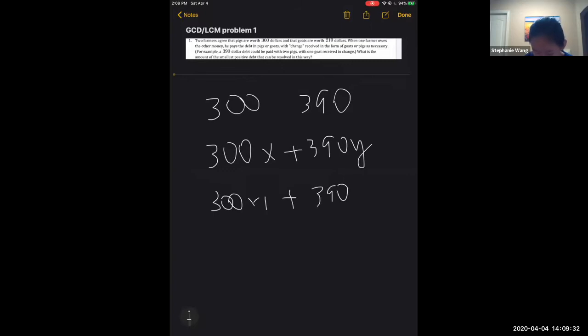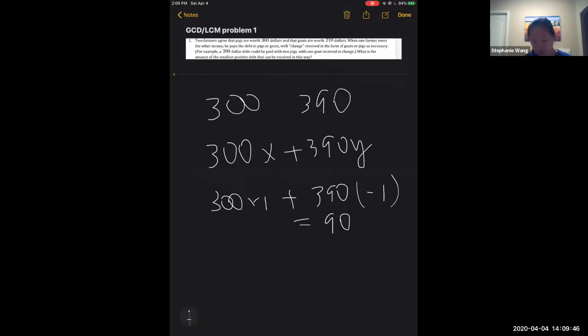So what this is essentially saying is you're trying to find the minimum value of 300x plus 390y, because if farmer A gives farmer B 300, and then farmer B gives farmer A 390, then the net would just be 300 times 1 plus 390 times -1, and that would give you 90. Basically, you're just trying to find combinations of these two numbers added and subtracted so that we have the minimum possible debt that can be resolved.